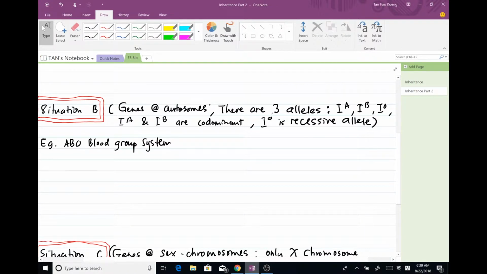So it gives rise to a few combinations here. You can get IA and IA, both are dominant. You can also get IA and IO, which is heterozygous. You can get IB, IB, homozygous dominant, or IB, IO, heterozygous.